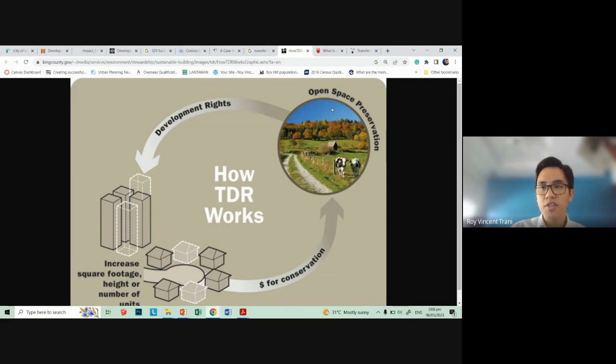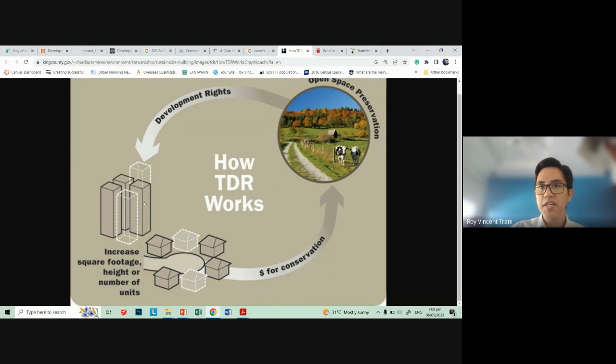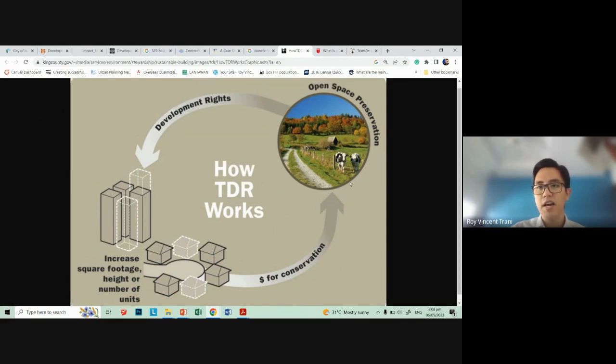the owners of that open space preservation sell their development rights to the CBD, not really necessarily the CBD, but the urban areas, to increase square footage, height, or the number of units, and then the urban area pays for the conservation of the open space.